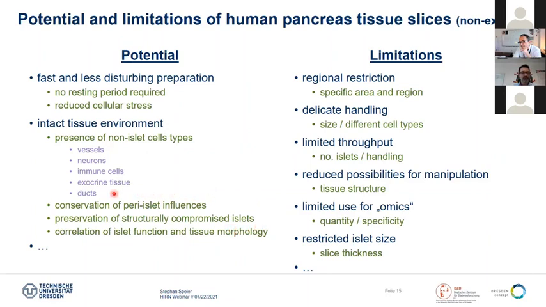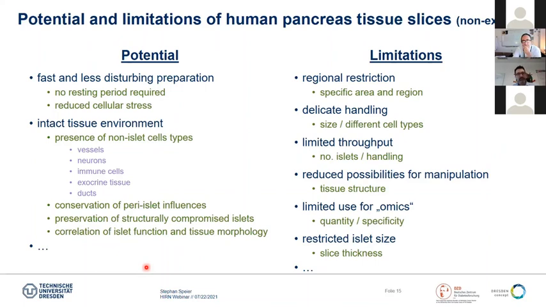We've been talking about how important it is in the immune attack in type 1 diabetes that you can now look at influences that come from outside the islet in this intact tissue, and that you can also study structurally compromised islets.